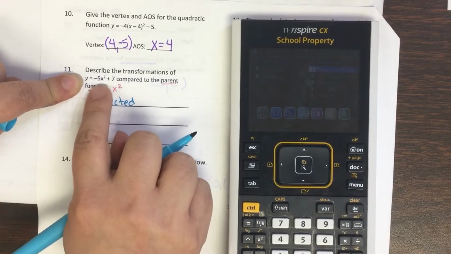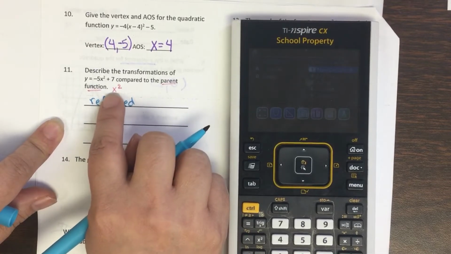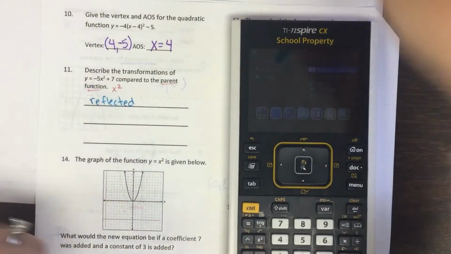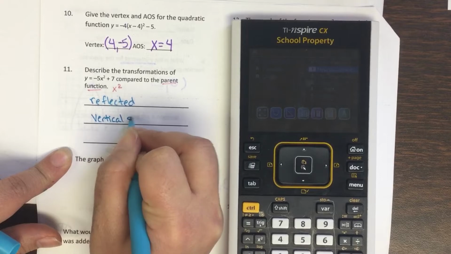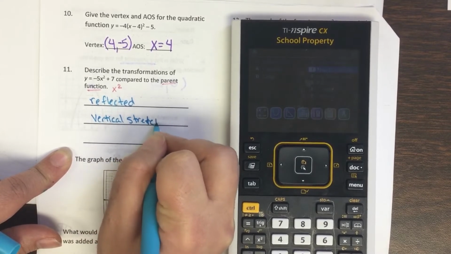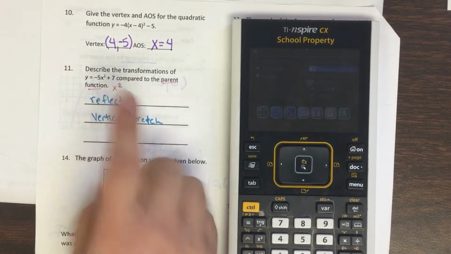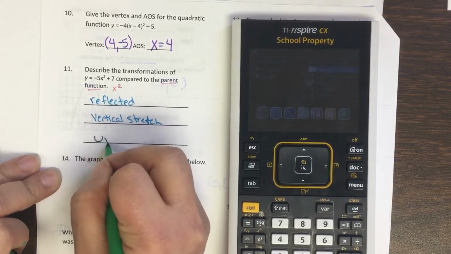The other thing, 5 is further away from 0 than the coefficient would be for 1. So that means there's a vertical stretch going on. And then the last thing I see is that +7. That means the whole graph has been shifted up 7 units.